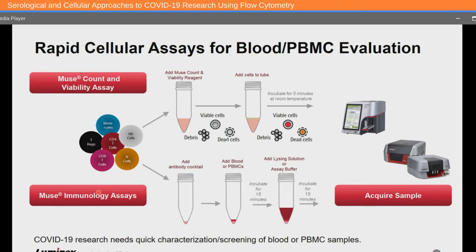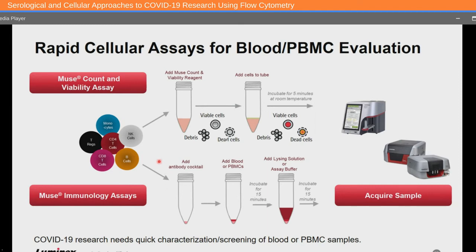Flow cytometry platforms that can provide absolute count information economically are very useful for the ID and enumeration of whole blood or PBMC samples. Thus, assays such as the count and viability assay or immunology assays on microcapillary platform can provide answers using very low amount of samples using assay-specific templates.